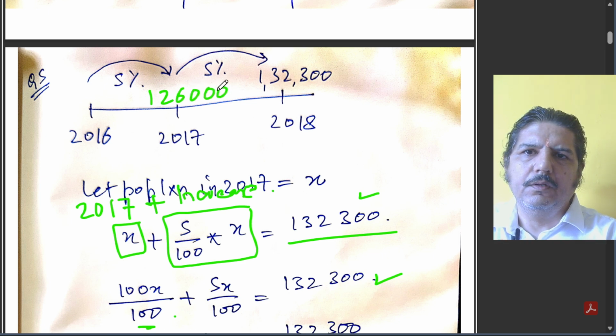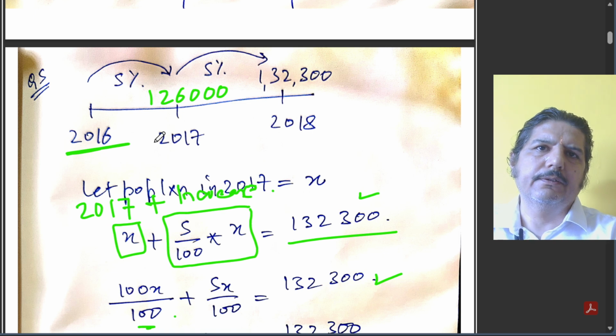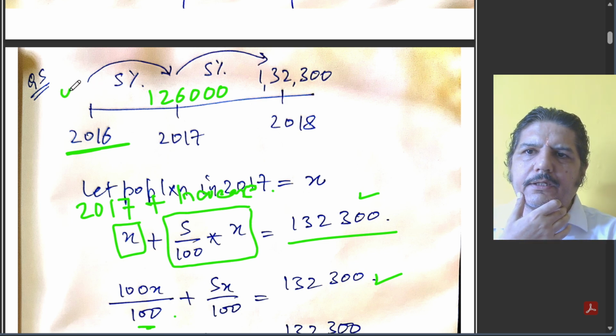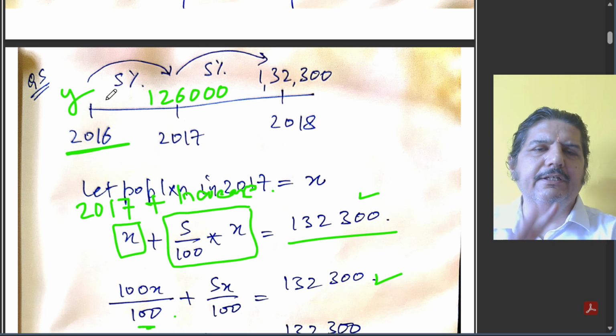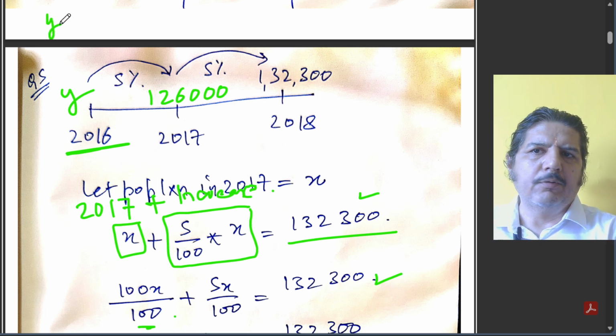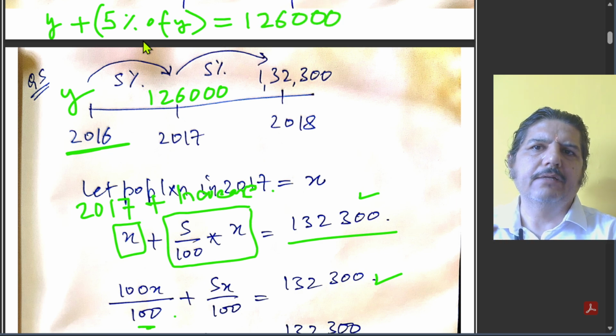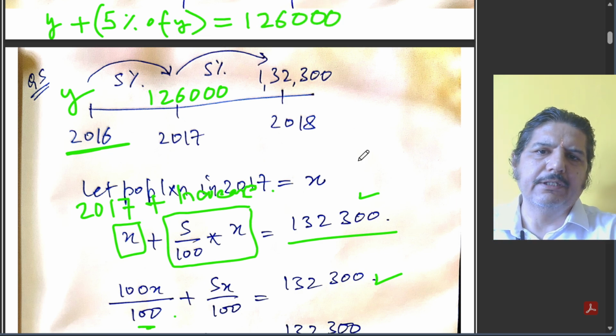I'll have to find the population in 2016, and I'll be using the same logic which I have used now. I'll assume that the population in 2016 is Y, then the population in 2016 plus increase of 5% on this Y, so 5% of Y, this is the increase, and this will be equal to 1,26,000, and then we solve for Y. I hope this is making sense.